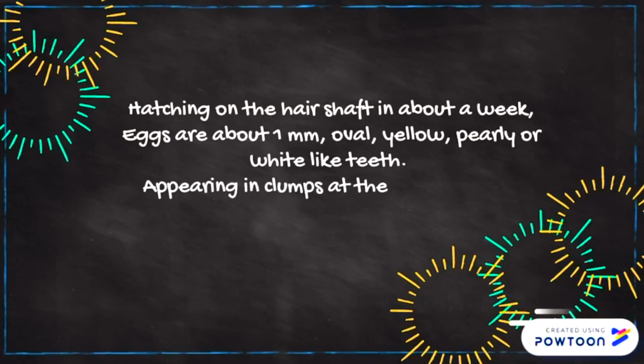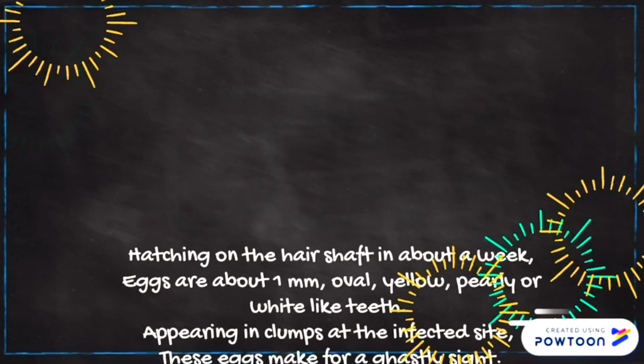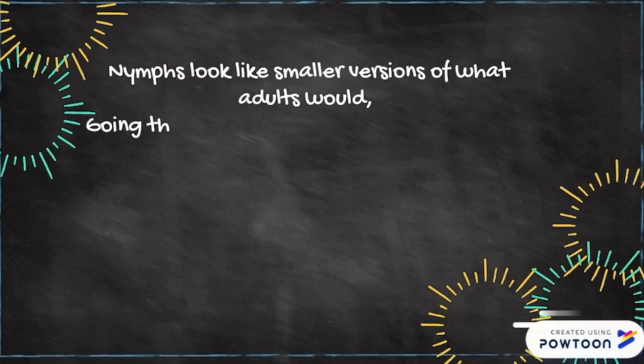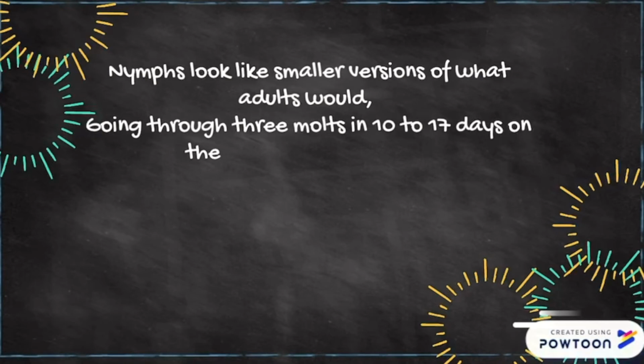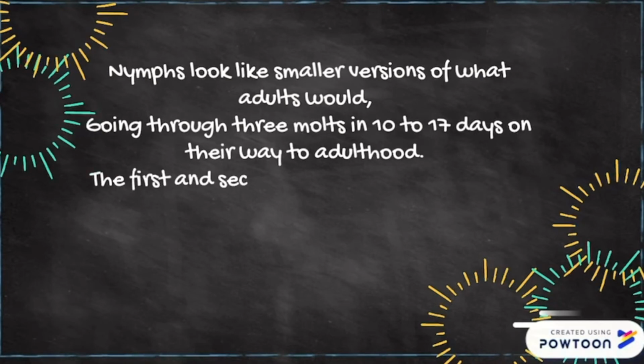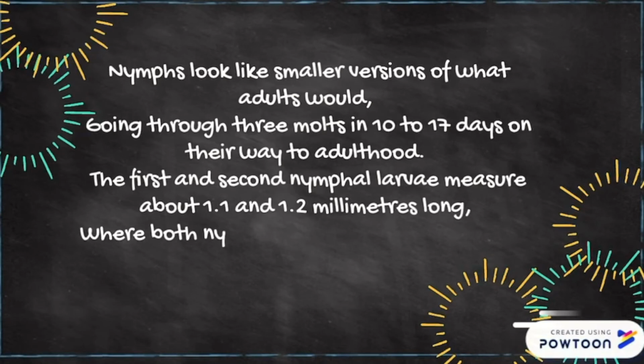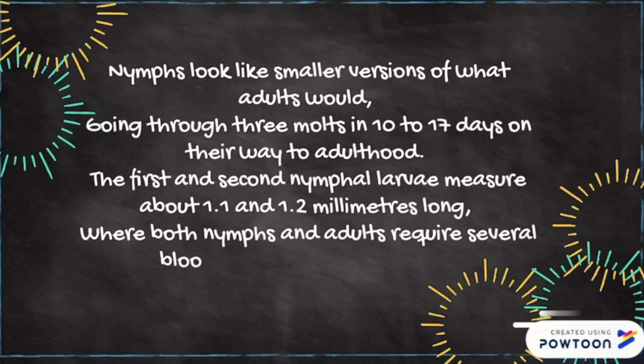Appearing in clumps at the infected site, these eggs make for a ghastly sight. Nymphs look like smaller versions of what adults would, going through 3 molts in 10 to 17 days on their way to adulthood. The first and second nymphal larvae measure at about 1.1 and 1.2 millimeters long, where both nymphs and adults require several blood meals daily to be strong.